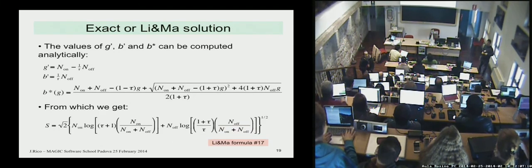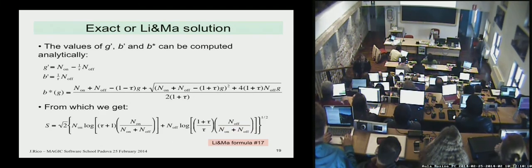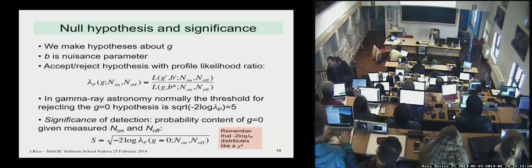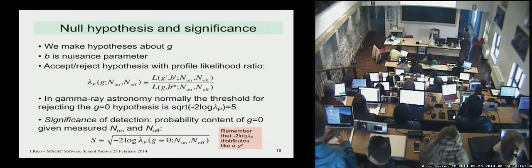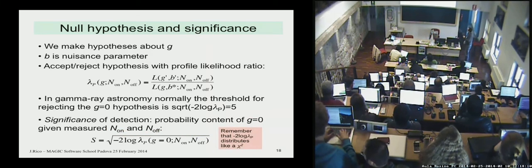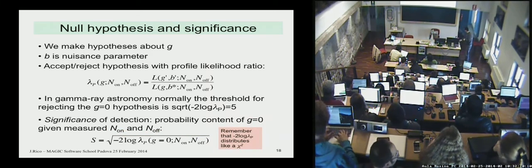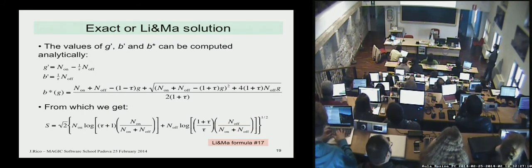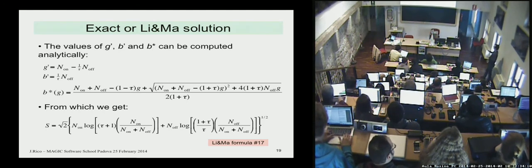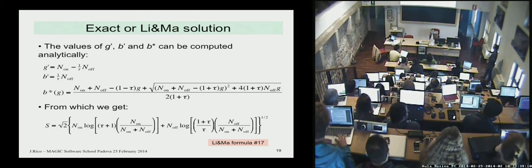Now, for this ideal likelihood, you can compute these values, G prime, B prime, and B star, analytically, okay? Actually, G prime and B prime are straightforward, so the number of gamma rays is estimated as n on minus n background. This would be the normalized n off, if you will. And the number of background is the usual expression.